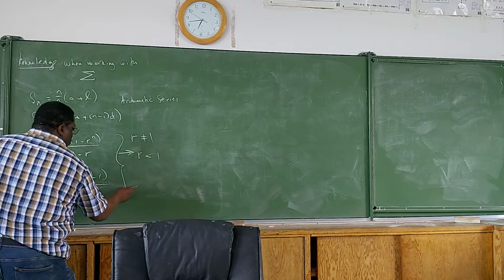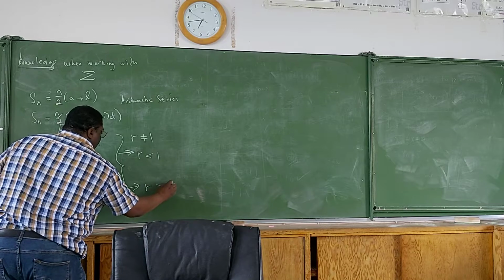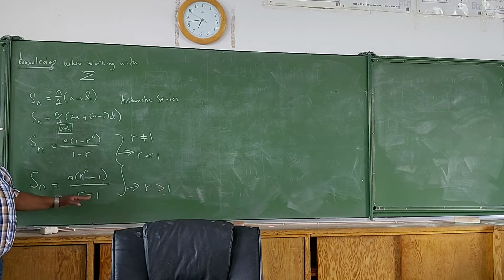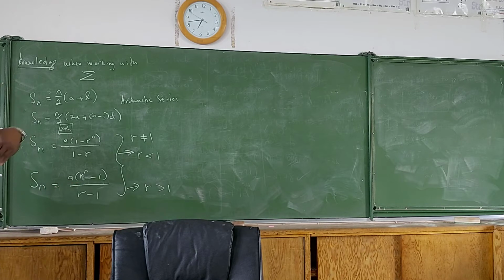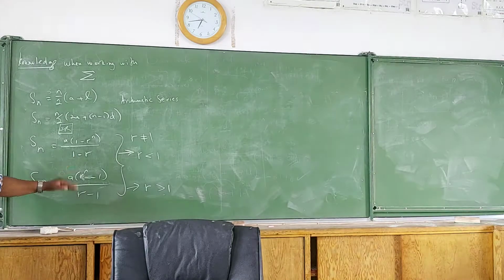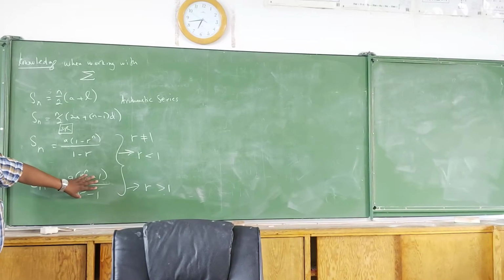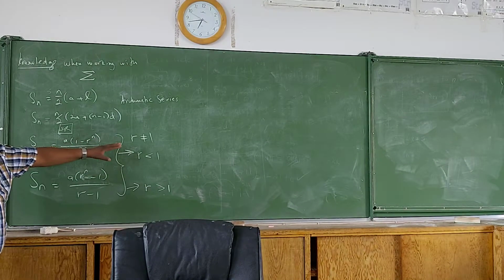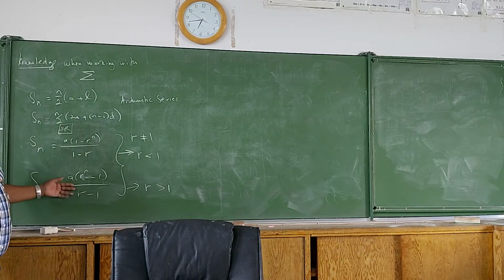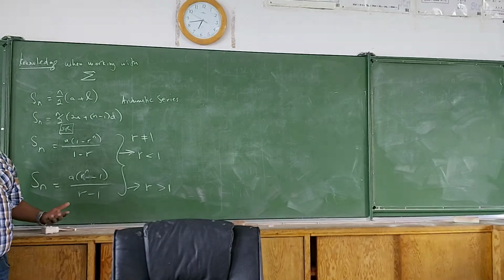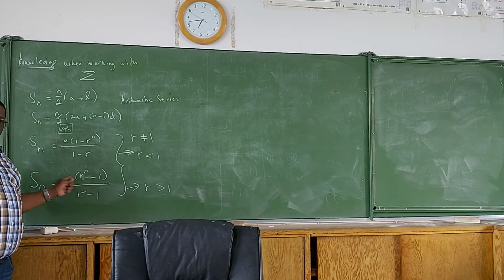For this one we tend to use when r is greater than 1, because it's easier to say 2 minus 1, for example, than to say 1 minus 2. But ultimately it does not matter. That's why in some instances we just tend to use one. So you don't really need to memorize both. Just use any one, forever and ever, when r is bigger than 1 or r is less than 1, as long as r is not equal to 1.